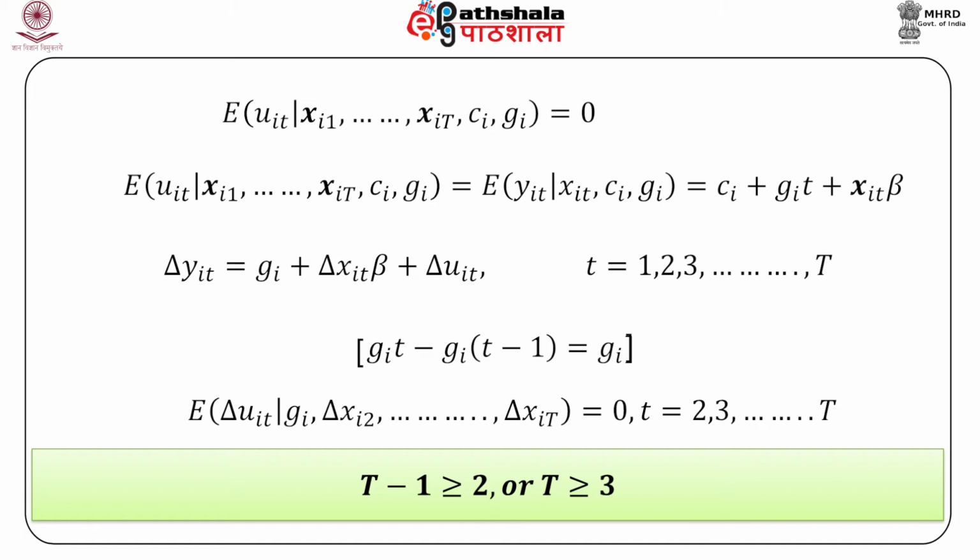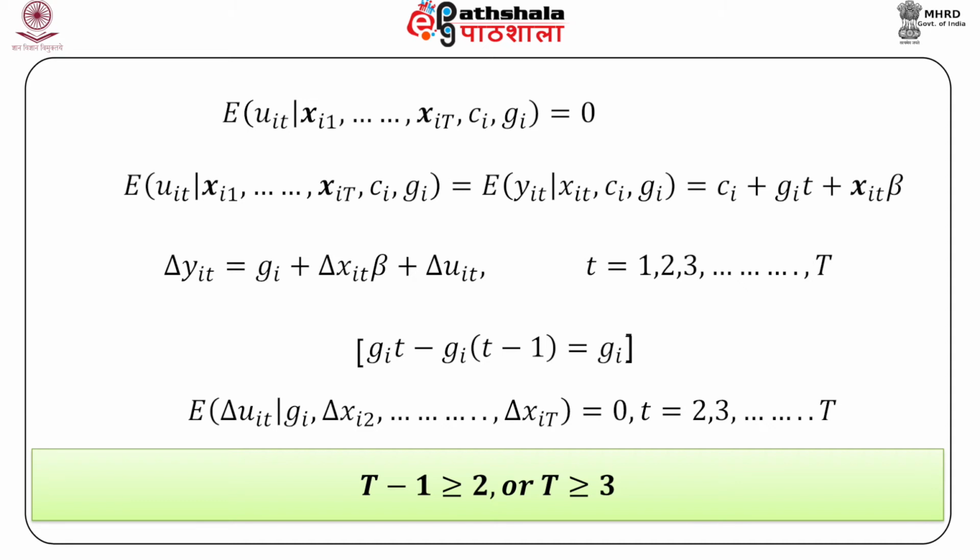So the expected value of Yit given Xit, Ci and Gi could be written as Ci plus Git plus Xit beta. Now this we can denote as equation 11.